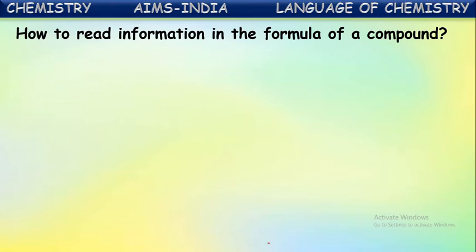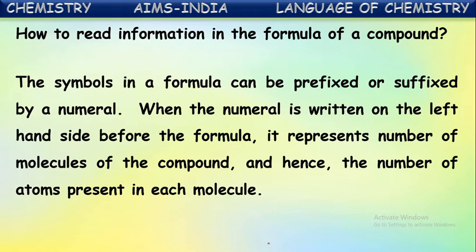How to read information in the formula of a compound? The symbols in a formula can be prefixed or suffixed by numerals. When the numeral is written on the left hand side, before the formula, it represents the number of molecules of the compound.